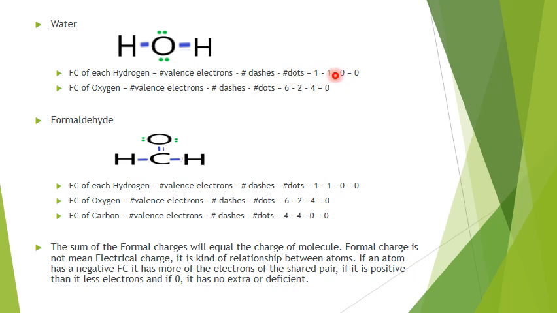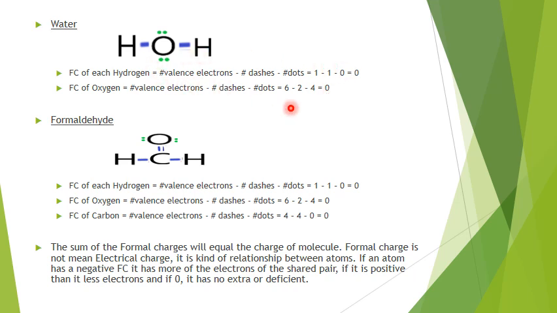So it's 1 minus 1 equals 0. Each hydrogen has a formal charge of 0. For the formal charge of oxygen, the number of valence electrons is 6, minus the number of dashes, 2, minus the number of dots, 1, 2, 3, 4, and it has a formal charge of 0.